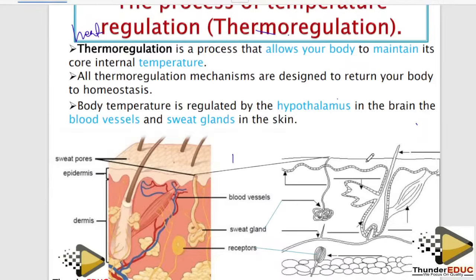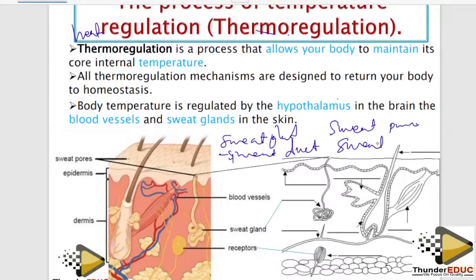The things you need to know are the sweat gland, sweat duct, sweat pore, and sweat.